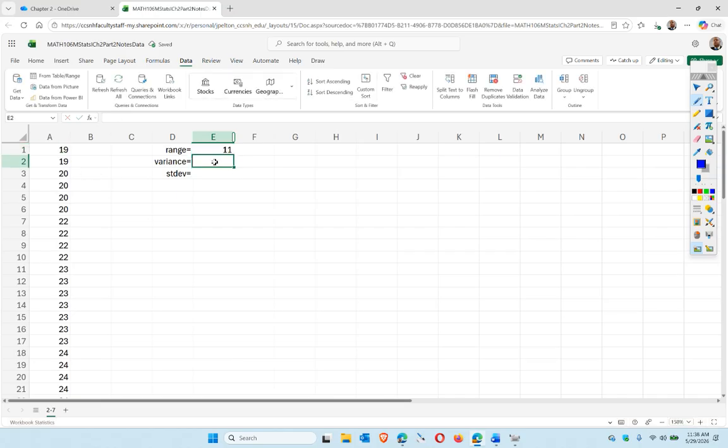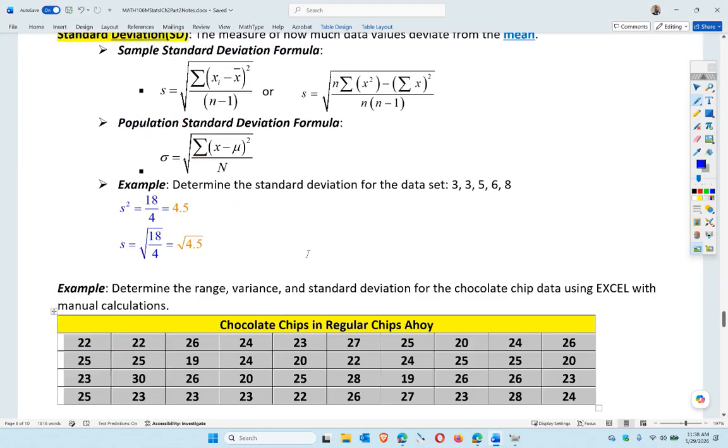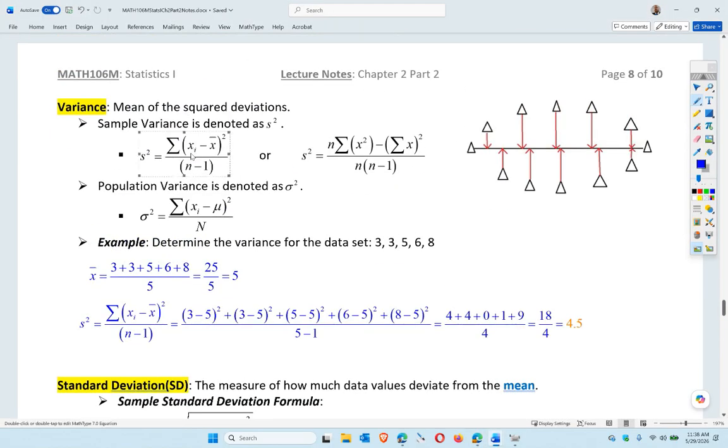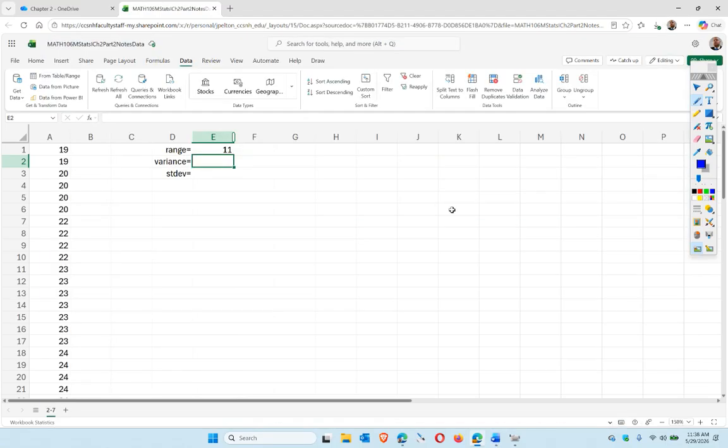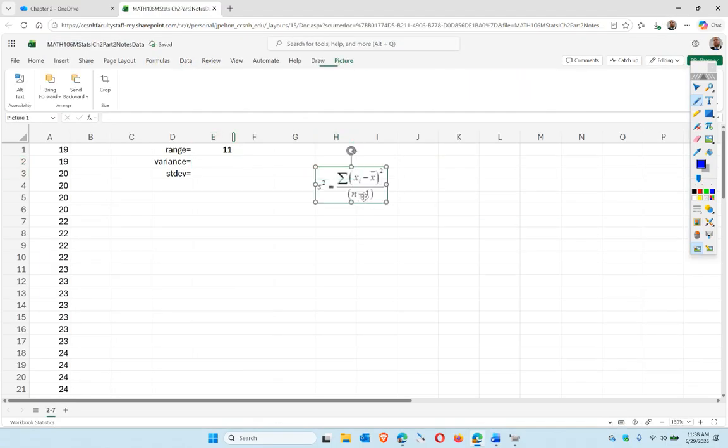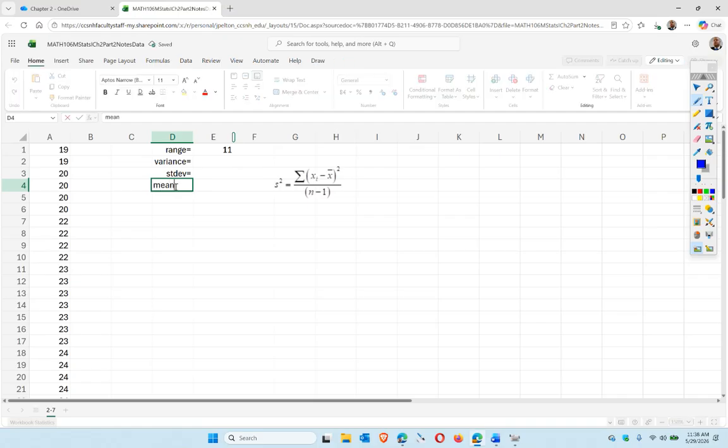So the variance, we're going to need to do some of the formula stuff. So the problem is, if you look at the formulas here, we need the mean first, don't we? So I'm going to do the mean, okay, and we also need n.